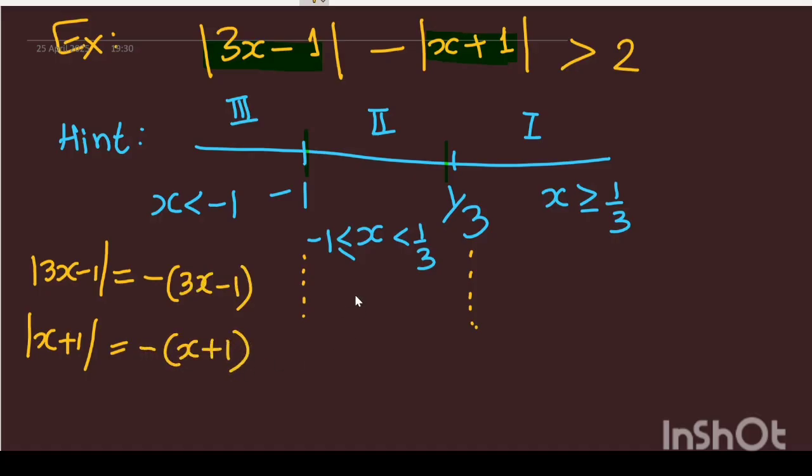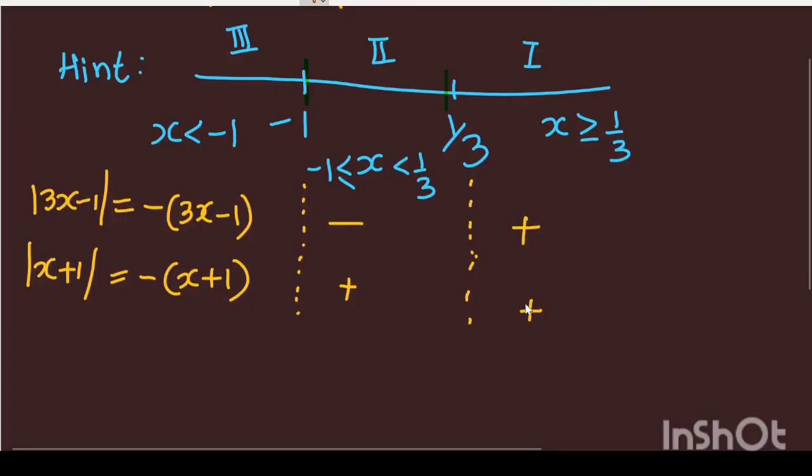So here the definition of mod x plus 1 will be changed, so it becomes plus bracket x plus 1. Here also it will be plus bracket x plus 1. And since still x is less than 1 by 3, it will still give minus sign. Now here at x equals to 1 by 3, more than that, this will give plus sign, so it will be replaced by plus sign, guys.